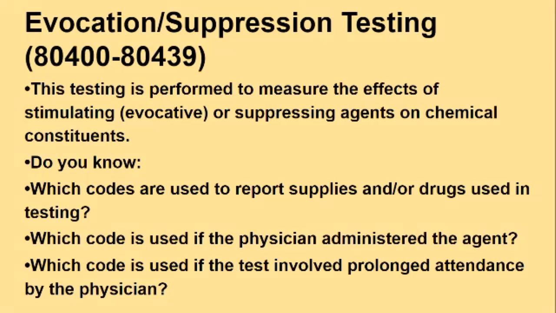Do you know which codes are used to report supplies and drugs used in testing? Which code is used if the physician administers the agent? Which code is used if the test involved prolonged attendance by the physician? Well, I'm going to give you the answers.